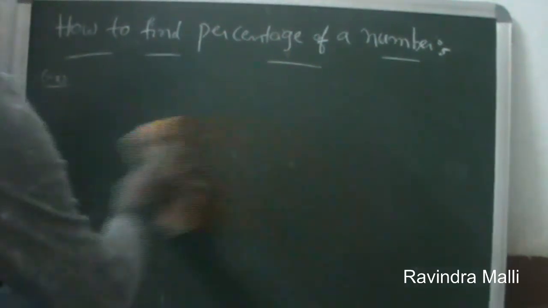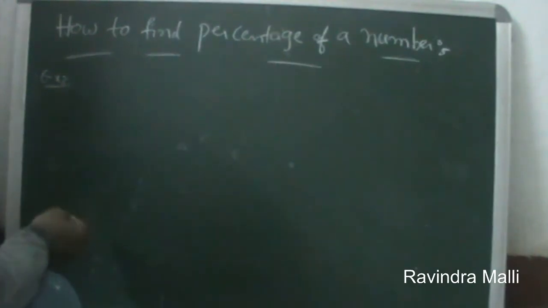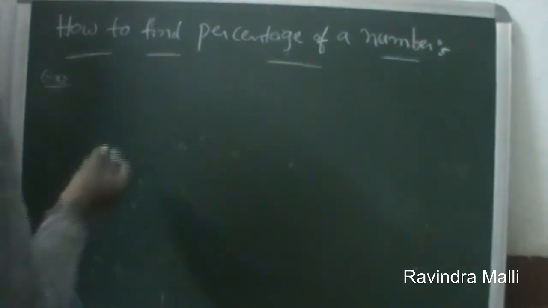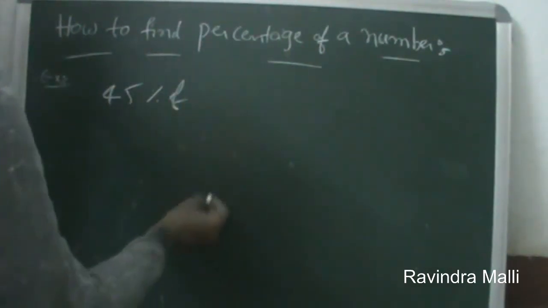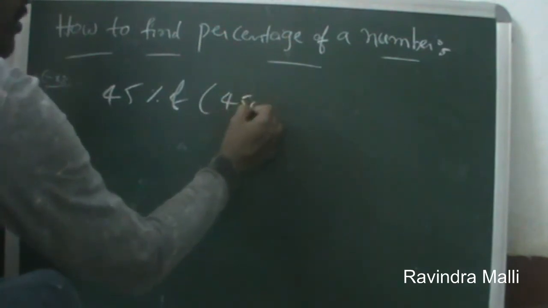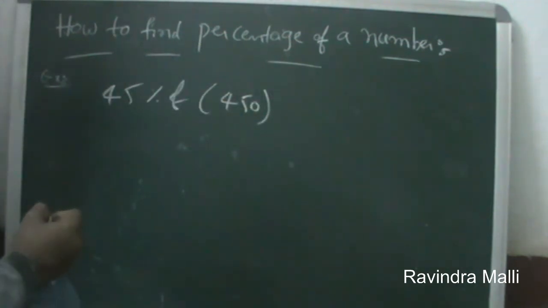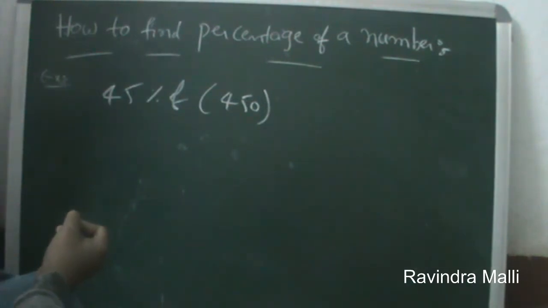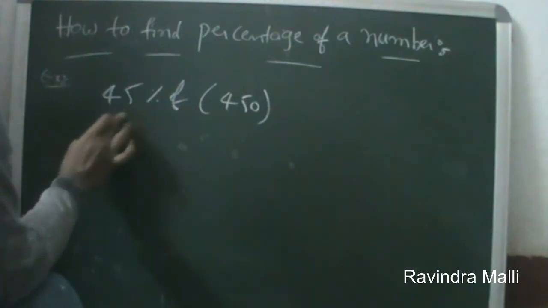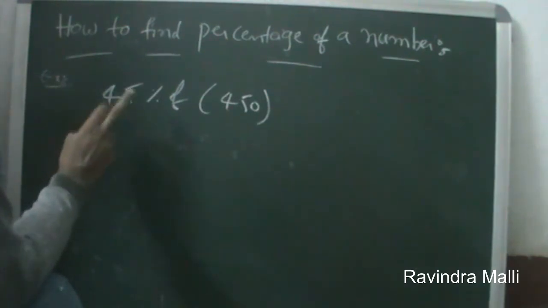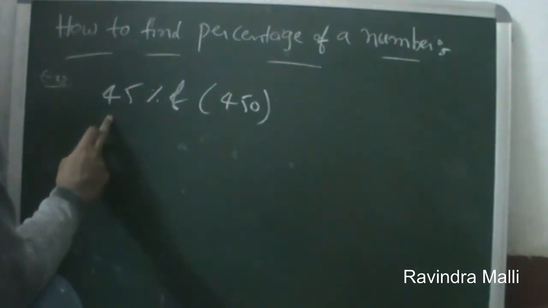We are having practice. Take one more example: 45 percent of 450. To solve this, I need 40% plus 5%.